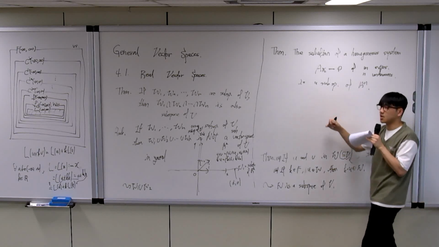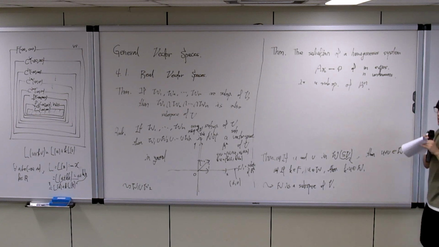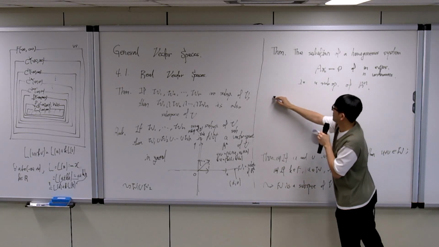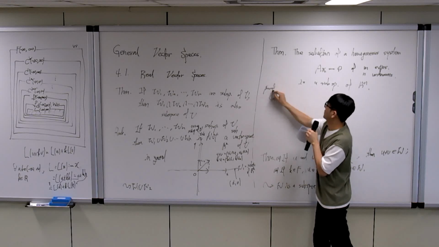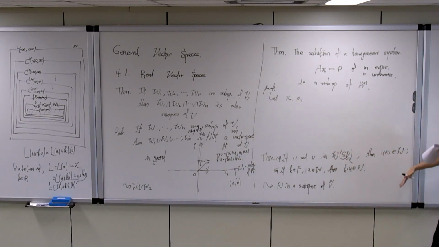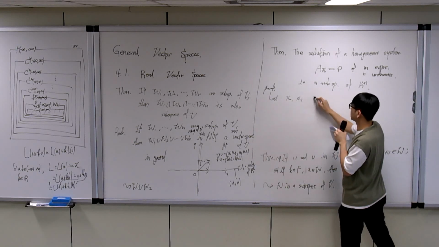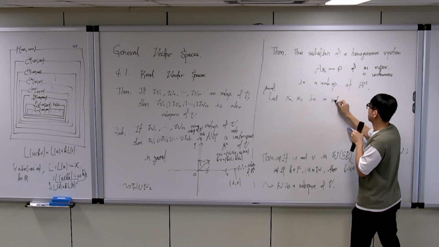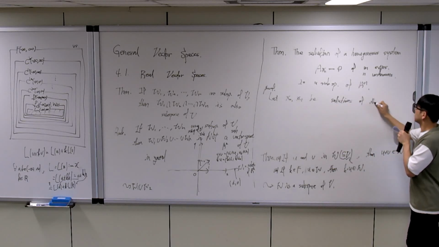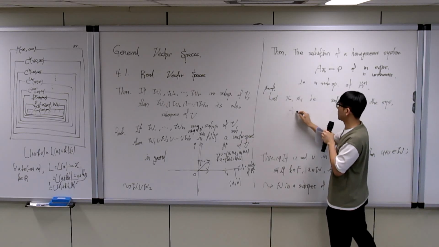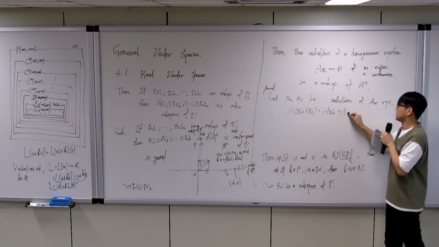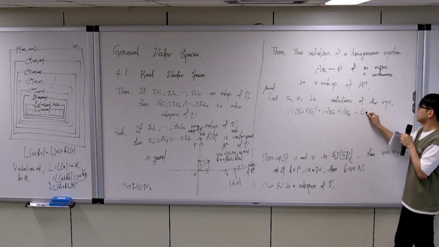To check it is a subspace in R to the n, we should check whether it has the closure property under the two operations. When x0 and x1 are solutions of the system, then we get that x0 plus x1 also satisfies the system, giving 0.